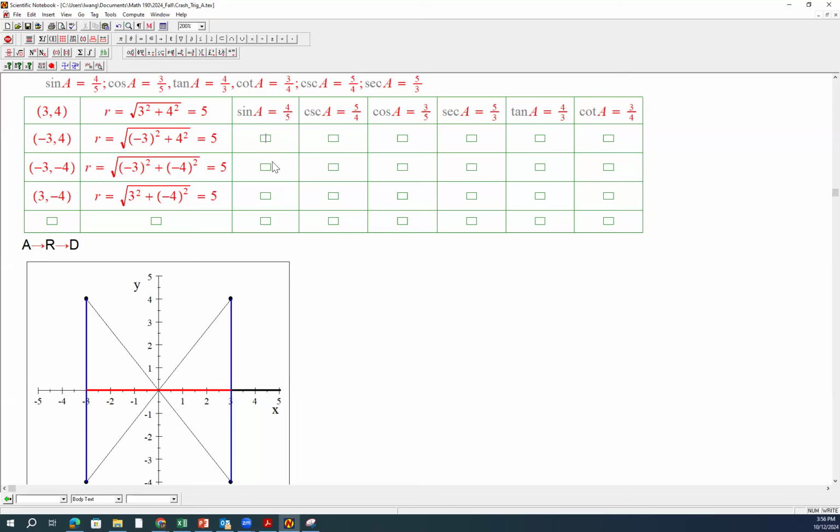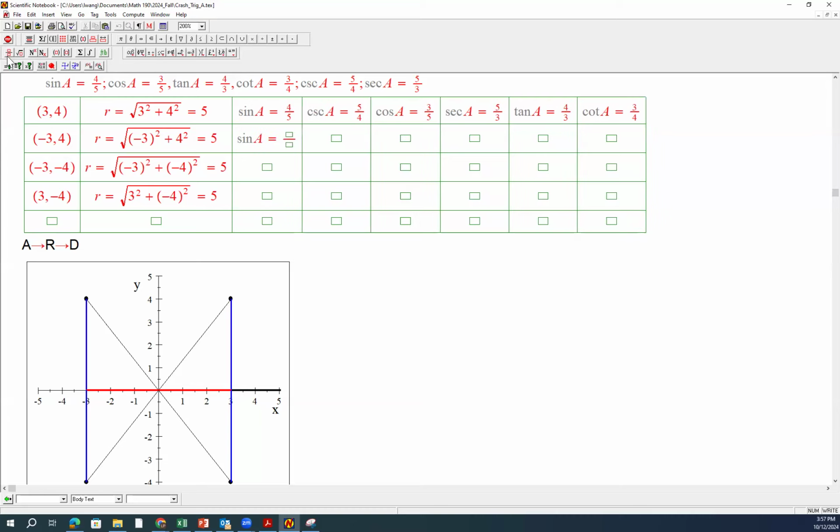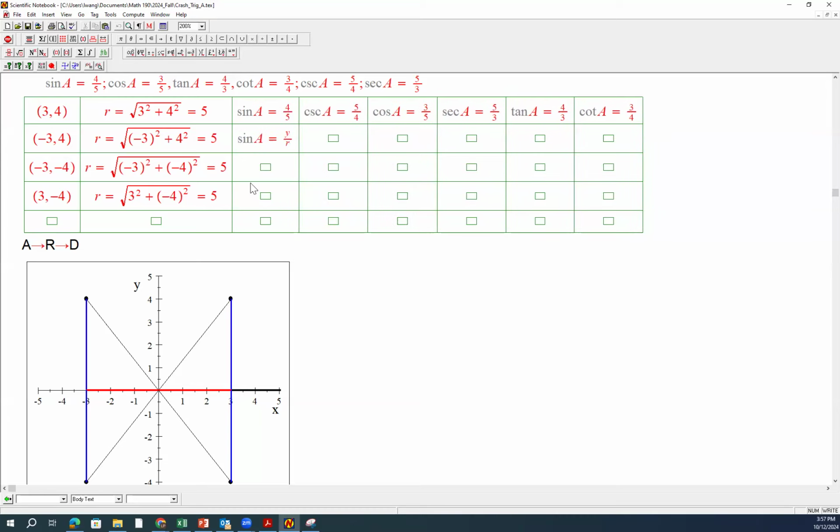So the second one, sine of A, of course, this is a different A, which is the terminal over here, right? This is the terminal, in the second quadrant, and that's going to be Y over R, okay? And Y is 4, R is 5.